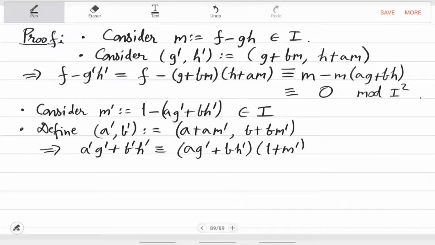So we are doing this now mod I square, right? That's the modulus. What is ag prime plus bh prime? That is 1 minus m prime by definition, which is 1 mod I square.